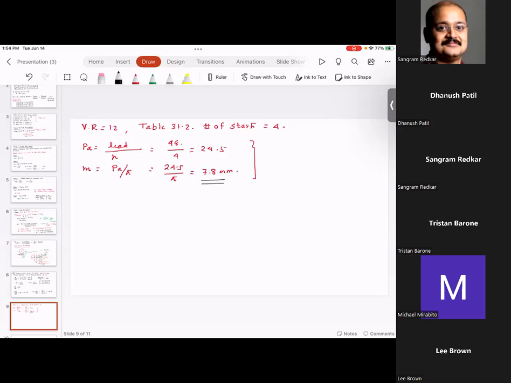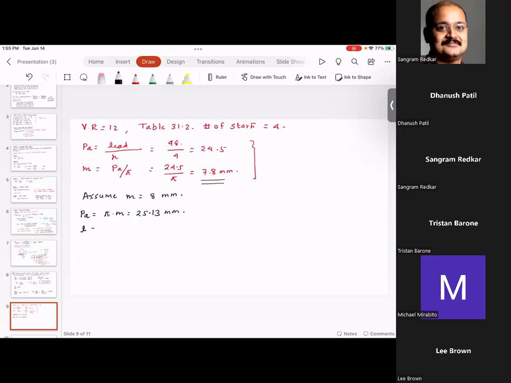So what we will do is we'll round it off and assume module is equal to 8 millimeter. And once you do that, you can find out the value of axial pitch, pi times m, which is 25.13 millimeter.